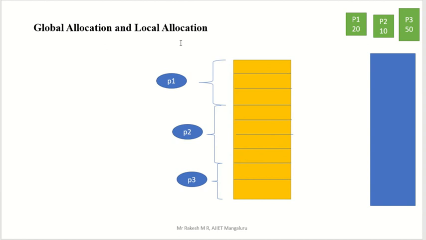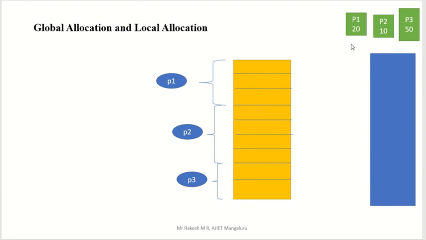Now what is local allocation? Local means if P1 has 3 frames, only those 3 frames are captured by P1, so only those 3 frames can be used by P1. Unlike global allocation, we can't store wherever it is free. If any one of these 3 frames is free, then only another page of P1 is loaded here.